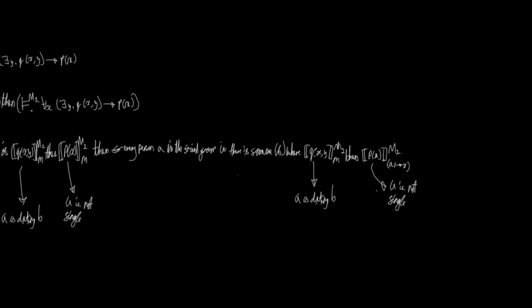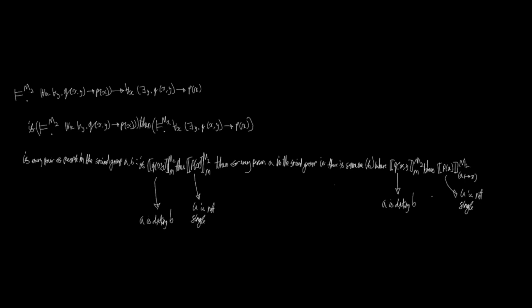Does this conversion make sense? So for every pair of people in the friend group A and B, if A is dating B, then A is not single. Then for everyone in the friend group, if there's someone B where A is dating B, then A is not single. Does that make sense?